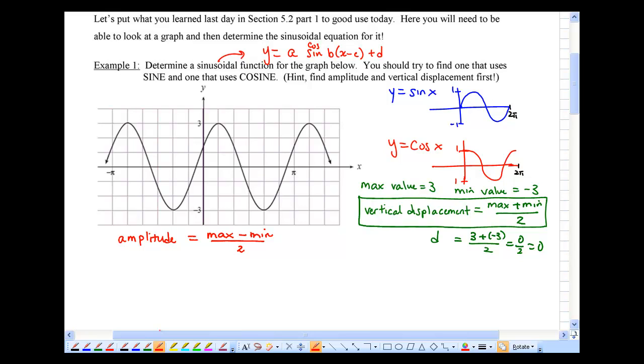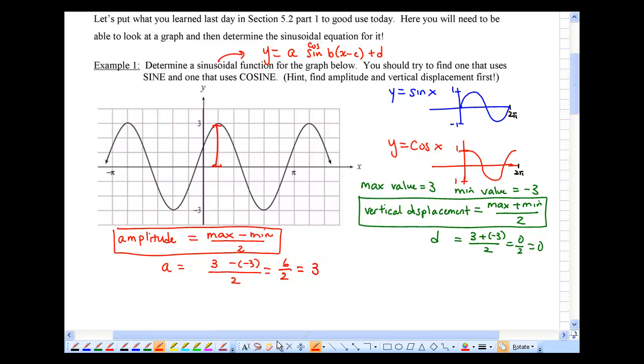In this case, for this picture, the amplitude would be 3 take away -3 all over 2. 6 divided by 2, that gives us 3. And that makes sense too, right? This distance here most definitely seems to be 3.